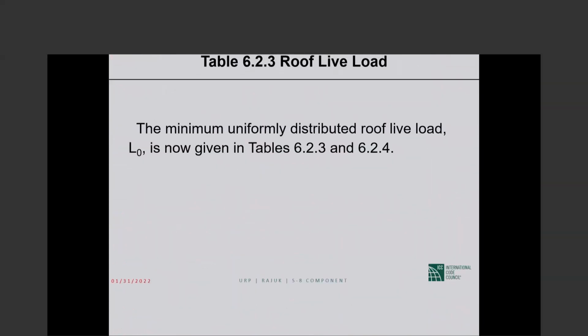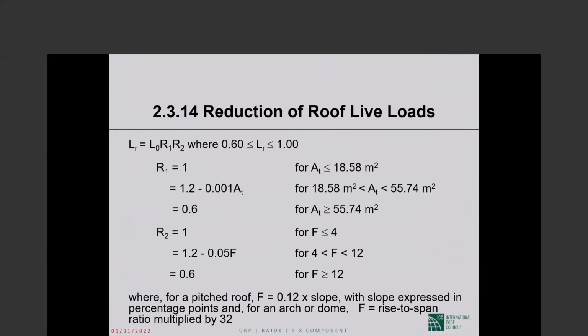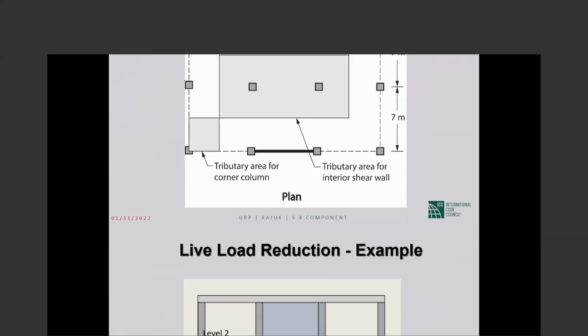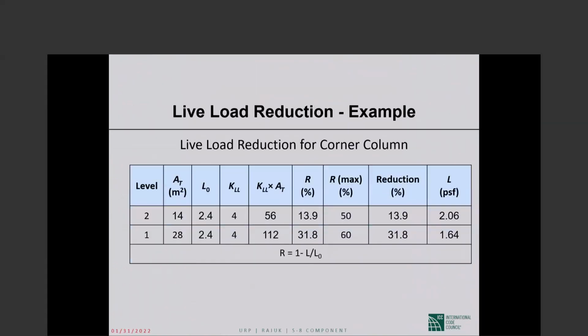So the influence area will be 4 times the tributary area. 4 times 14 is 56, 4 times 28 is 112.